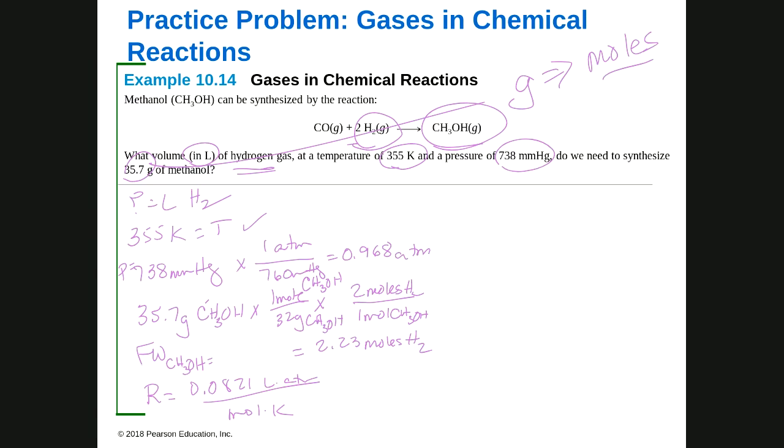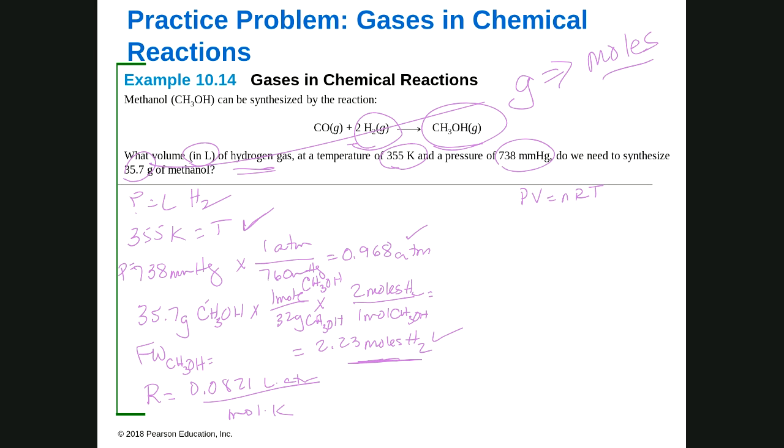So I've got pressure. I've got moles of H2. I've got temperature in Kelvin. So the only thing I have left is volume. All right. So PV equals nRT. So see how I found the number of moles stoichiometrically, okay, from this.